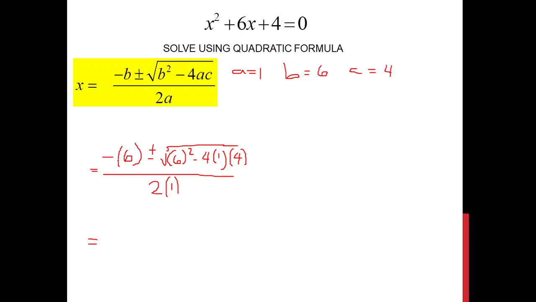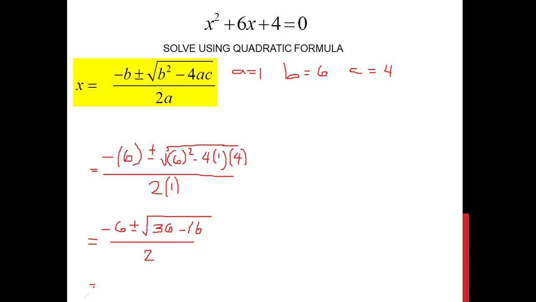So you have negative 6 plus and minus the square root of 6 raised to the power 2, which is 6 times 6, equal to 36. Negative 4 times 1 is 4, times 4, you have negative 16. Divided by 2 times 1 is 2.